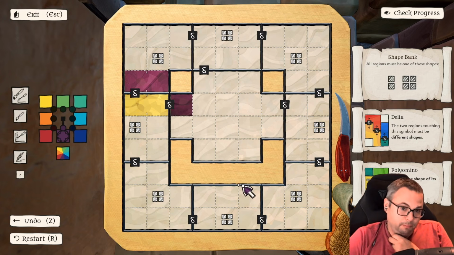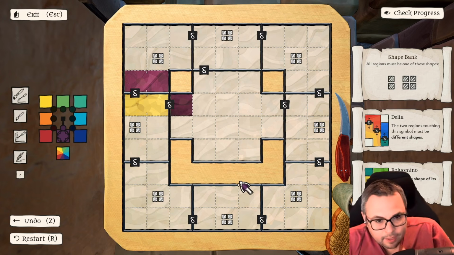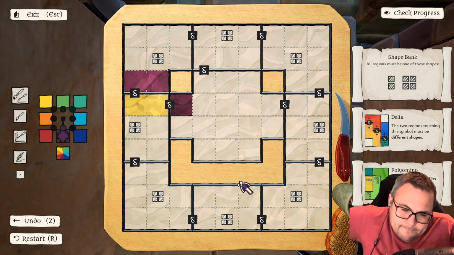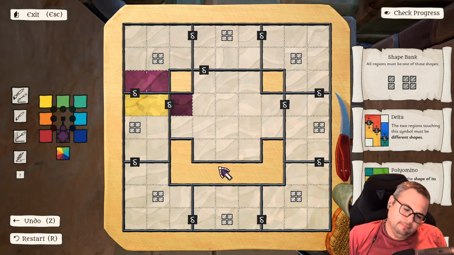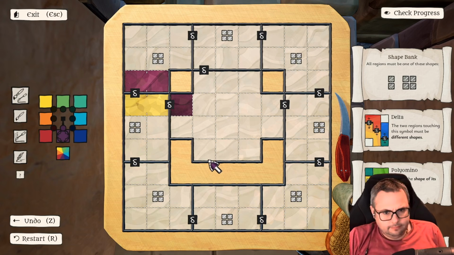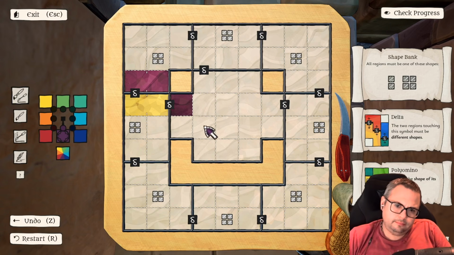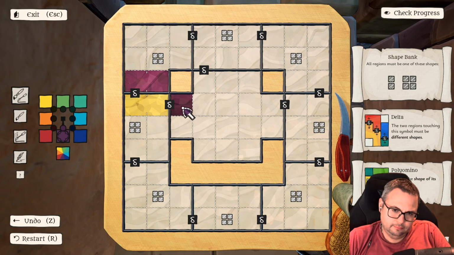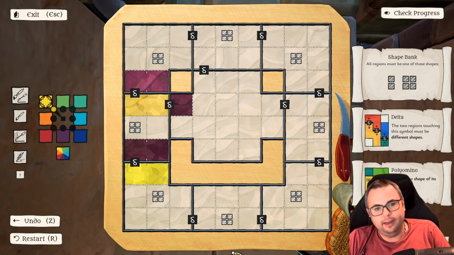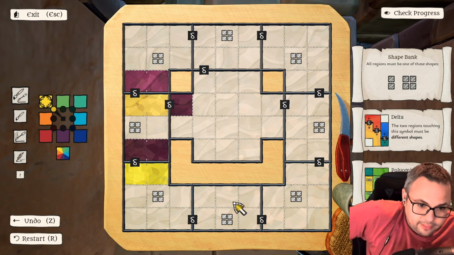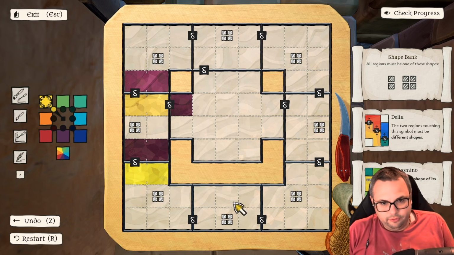So this is purple. Okay, and I do also know that this is purple and this is yellow. I'm letting purple and yellow stand in for square and domino here, that I don't quite know which is which.